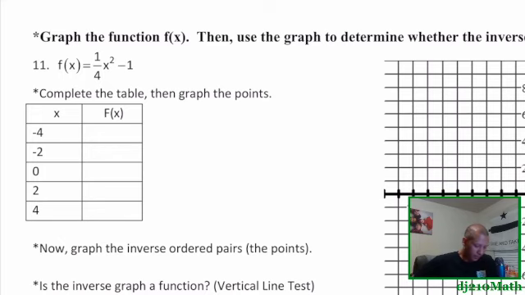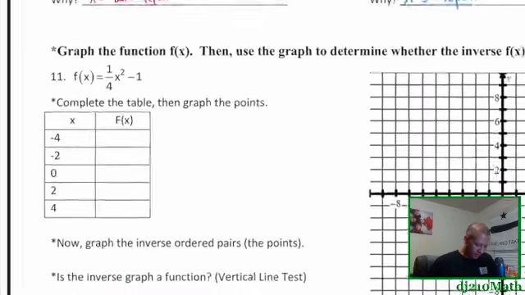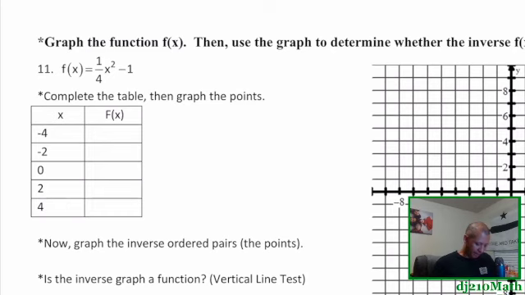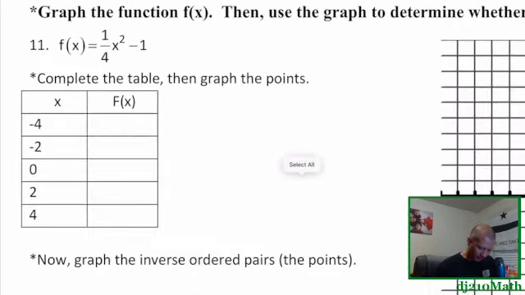So let's plug in the x values and see what happens. All right, so 1/4 negative 4 squared minus 1. Negative 4 squared is 16. 1/4 of 16 minus 1.